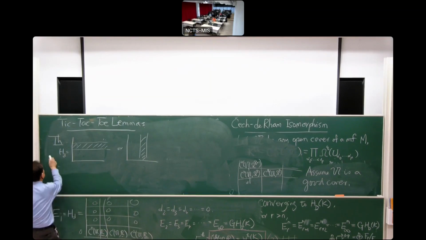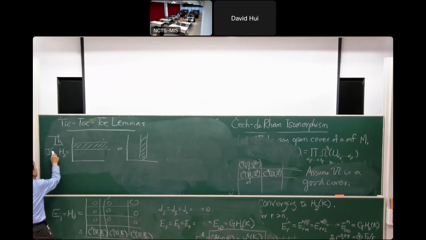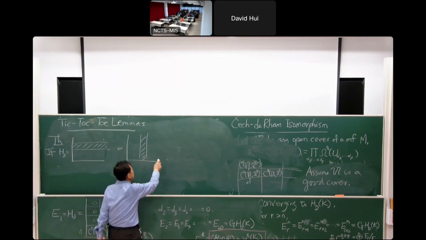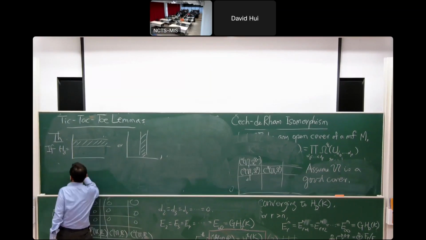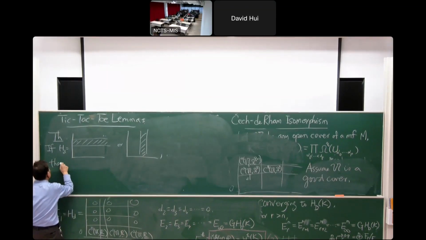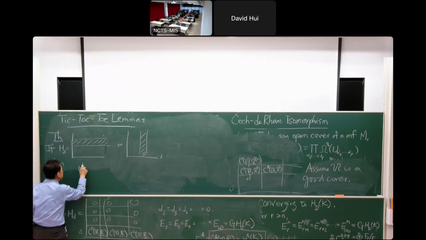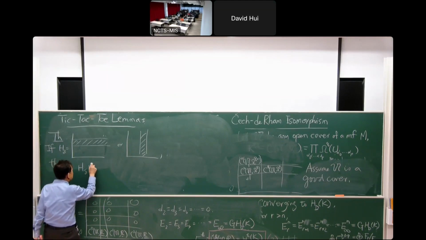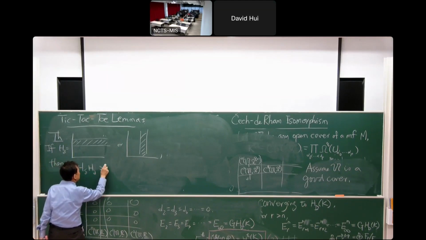And so we said that if HD has only one non-zero row or one non-zero column, then there's an isomorphism from H delta HD to H big D.